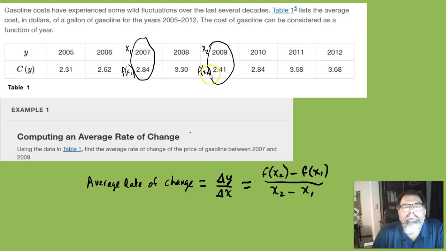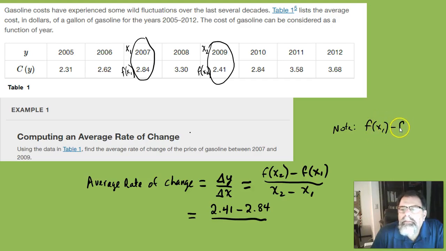So we do 2.41 minus 2.84. Now the order doesn't matter as long as you're consistent. You can do f of x sub 1 minus f of x sub 2 as long as you switch it on the bottom as well.